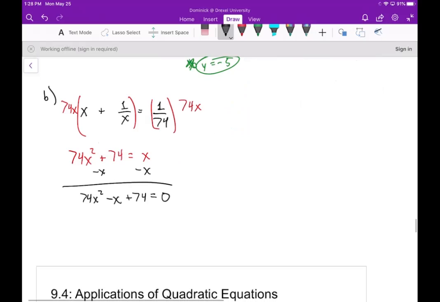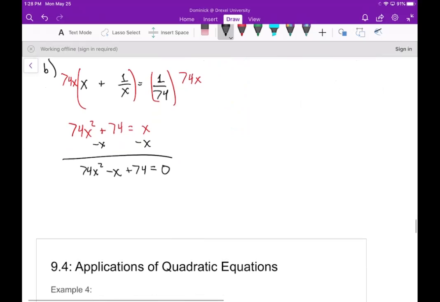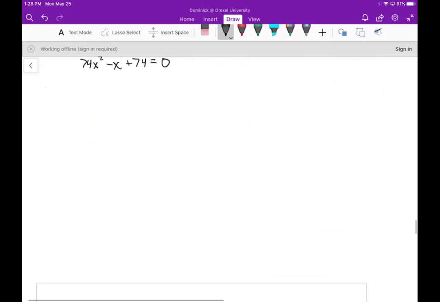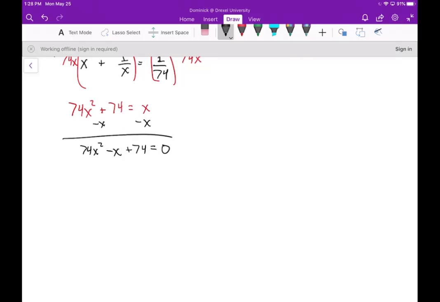Now, for this one, there's not really a clear way that we can factor this, because then you'd have to do 74 times 74. So let's do completing the square. Let's move 74 over. Then we have 74x squared minus x is equal to negative 74.